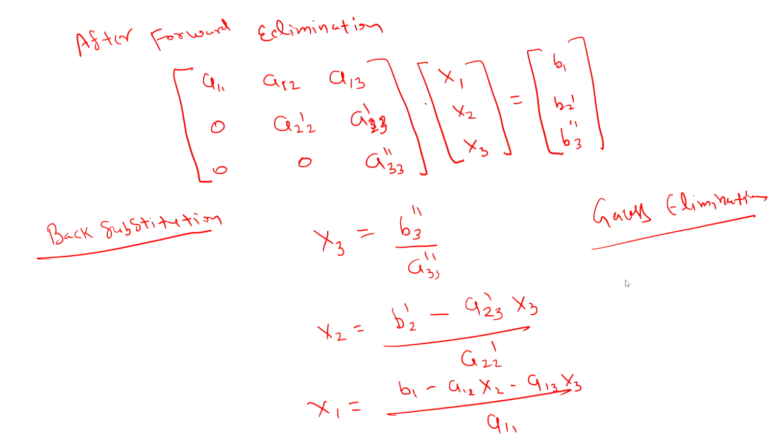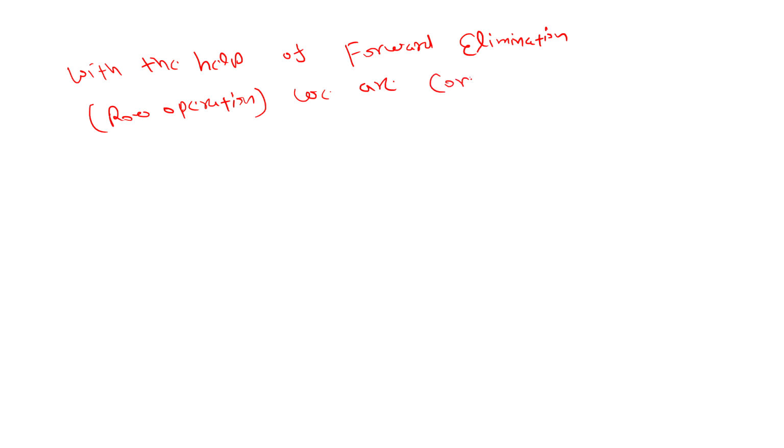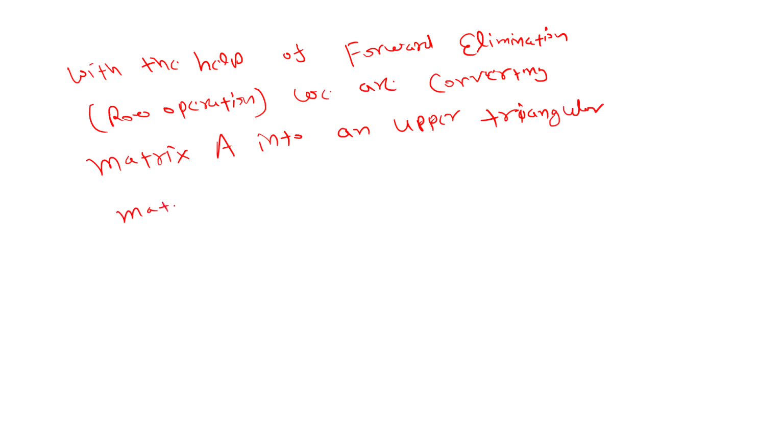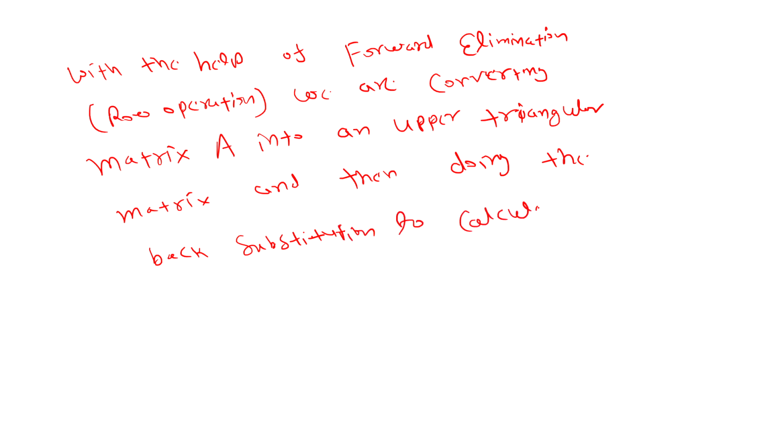Here, with the help of forward elimination, that is nothing but row operations, we are converting matrix A into an upper triangular matrix, and then doing the back substitution to calculate vector x. So this is Gauss elimination.